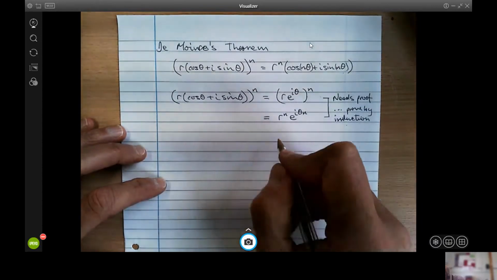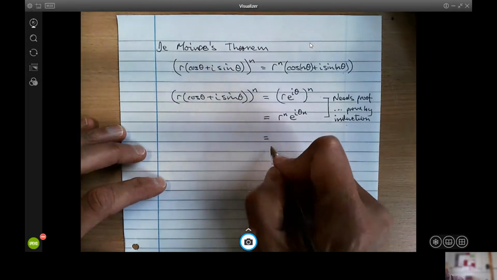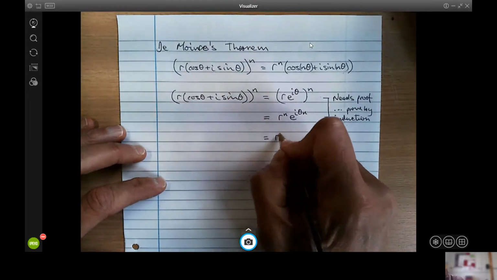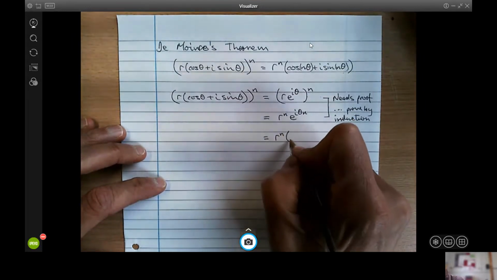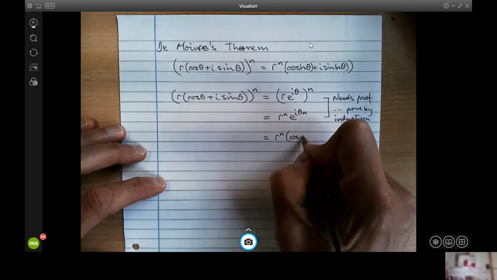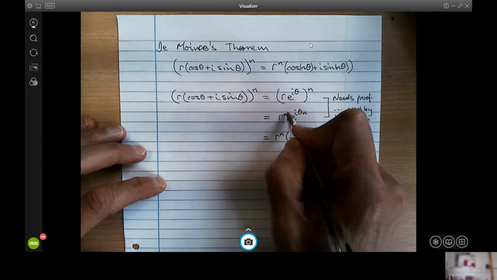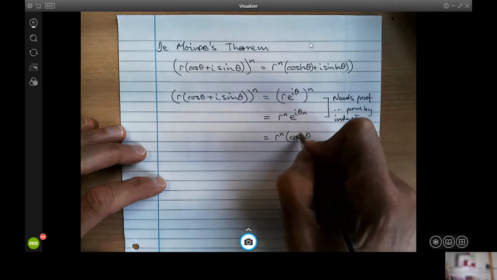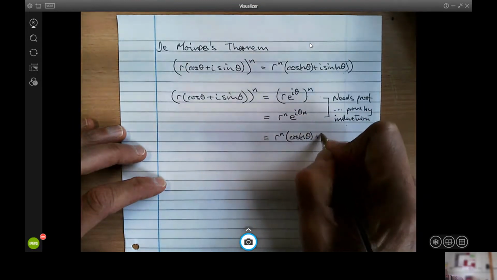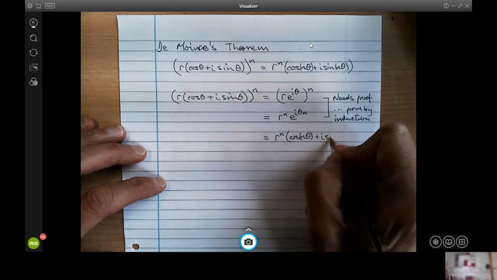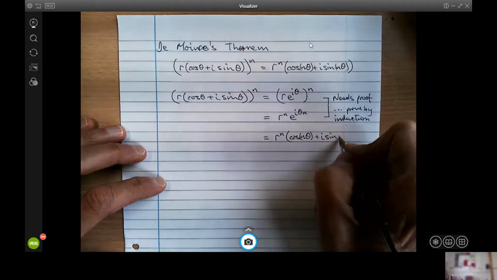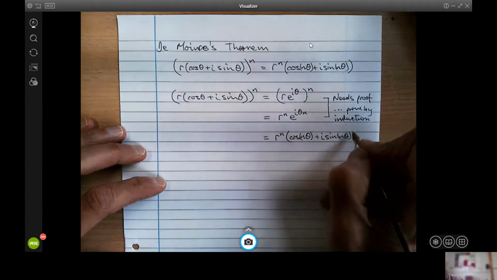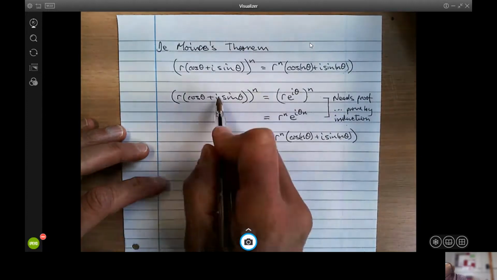So to continue with de Moivre's theorem, this is equal to r^n times e^(inθ), which is r^n (cos nθ + i sin nθ), which is what we set out to prove.